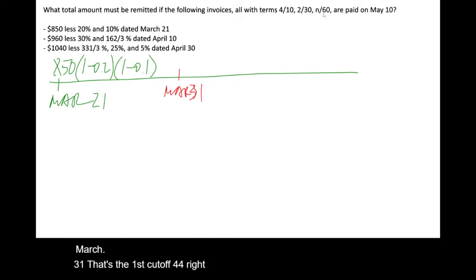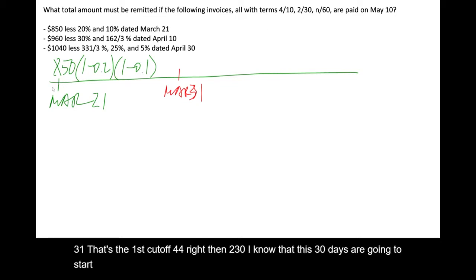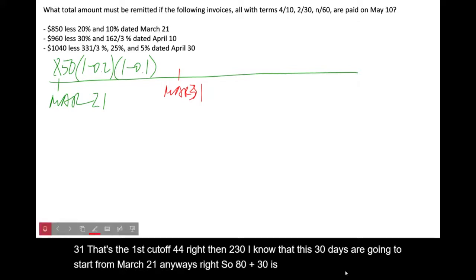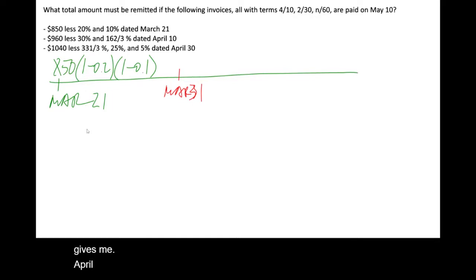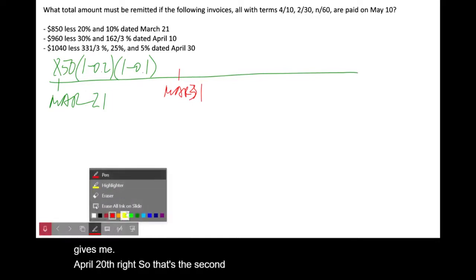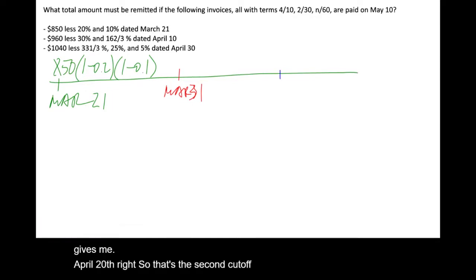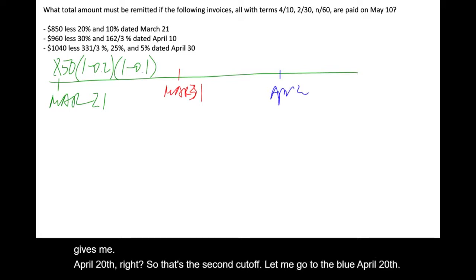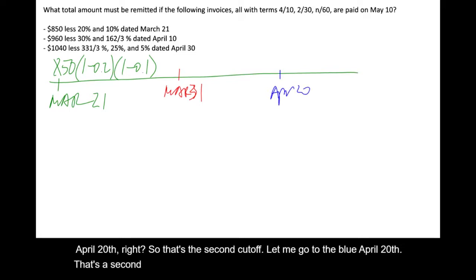Then 2/30. I know that this 30 days are gonna start from March 21 anyways. So 80 plus 30 is what? 110, and 110 gives me April 20th, right? So that's the second cutoff. Let me put it in blue. April 20th. That's the second cutoff for 2%. Net 60, I don't care about it.